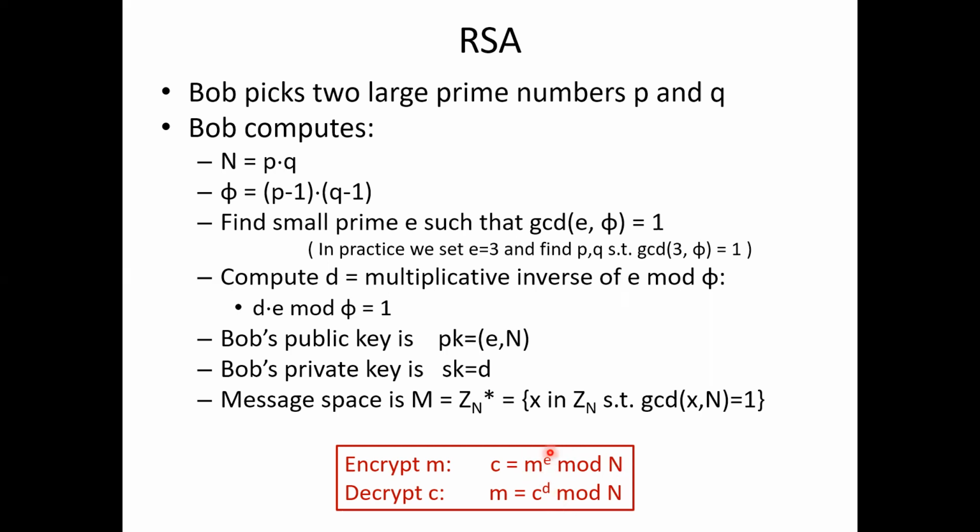You don't need a complicated exponentiation algorithm when e is 3, right? Because this is just m times m times m. But d is very large. If phi is 2000 bits, d has 2000 bits.